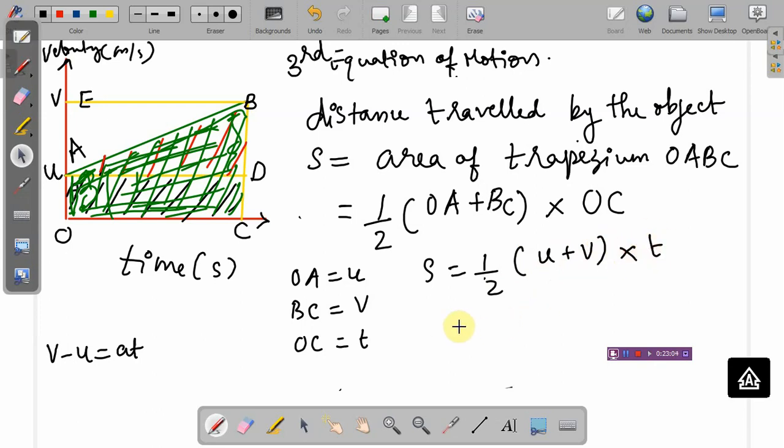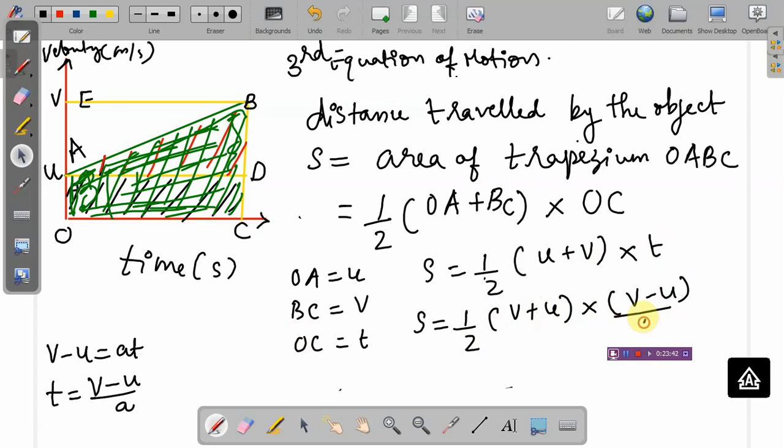Now, as per the first equation of motion, V minus U is equal to AT, right? Or V is equal to U plus AT. So from this I can write T as V minus U upon A, right? I will write this expression like this. It is half multiplied by, instead of U plus V, I am writing V plus U. This is the same. Instead of T, I am writing this in terms of V and U. So it will be V minus U upon A, right? T from the first equation of motion is this.